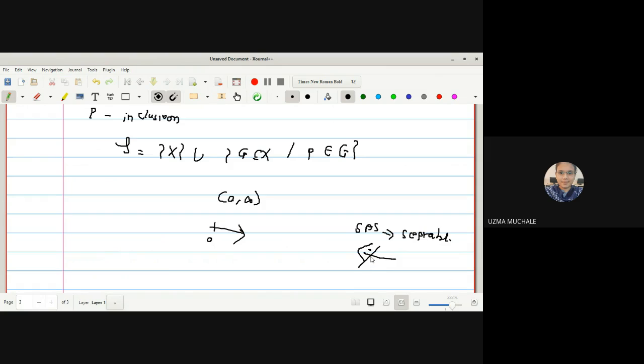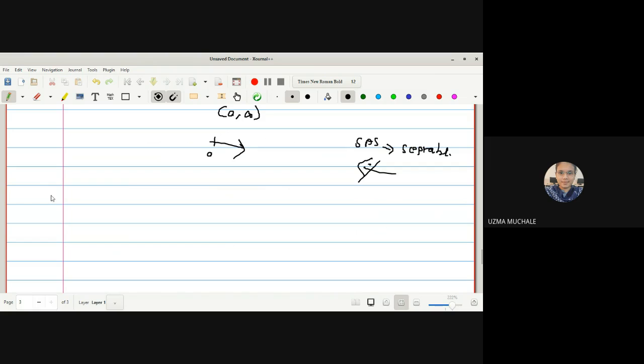Every SAS is a separable space, but the converse is not true. The converse is true only under the condition that it is a metric space. That means I will write down one statement: a metric space is separable if and only if it is SAS.